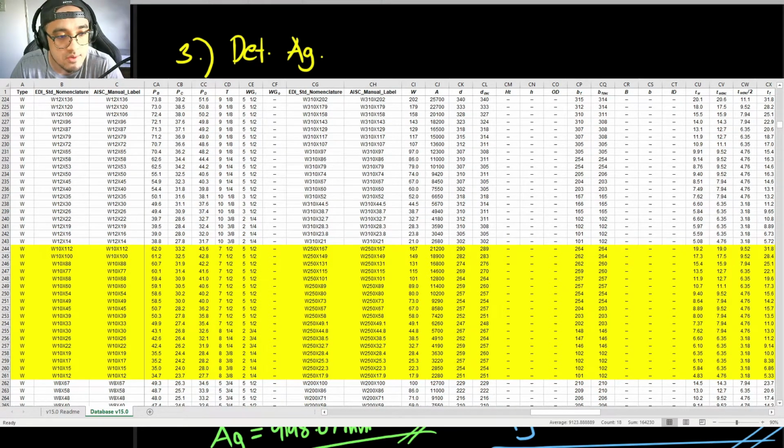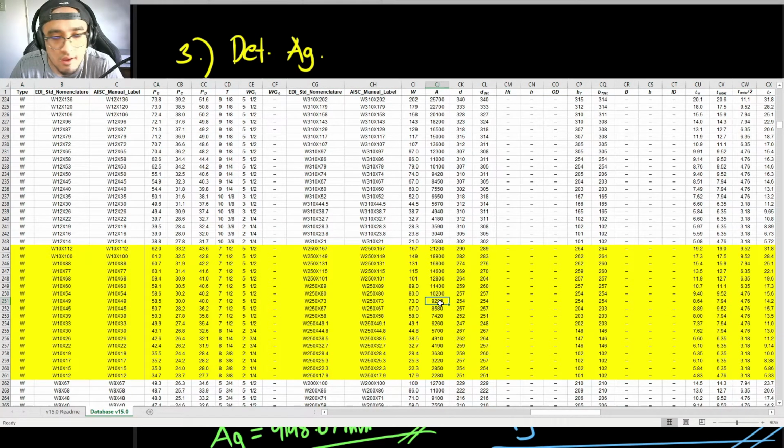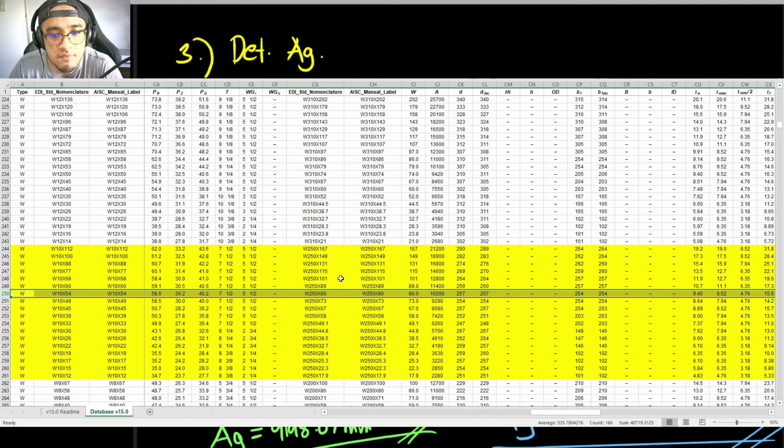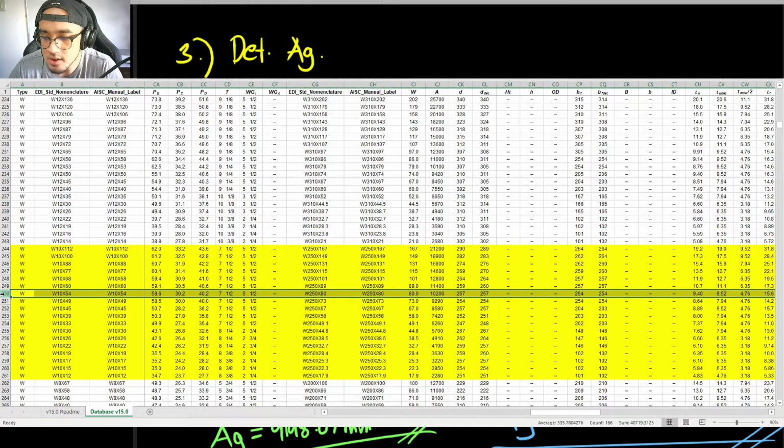As you can see, we have here our section W10 by 49, which is 9290. And we have this W10 by 54, which is 10,200. So as you can see, 10,200 is greater than 9584, I think. So there. Okay, so let's use this one right here.